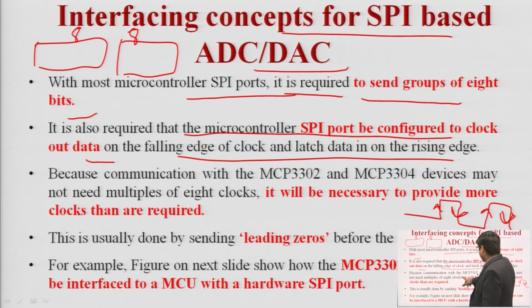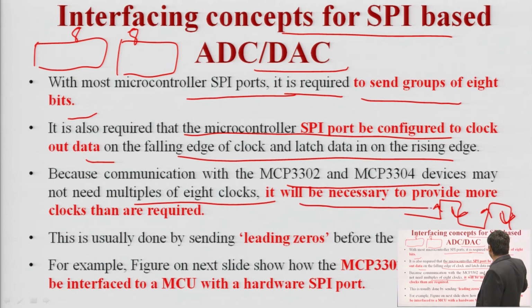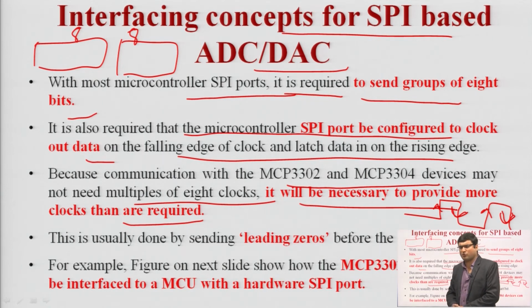But communication with the MCP devices may not mean multiples of 8 clocks. It will be necessary to provide more clocks than are required. Why do we need to provide more clock pulses? Because if, for example, you are converting data from some system, you have 8 bits of data.